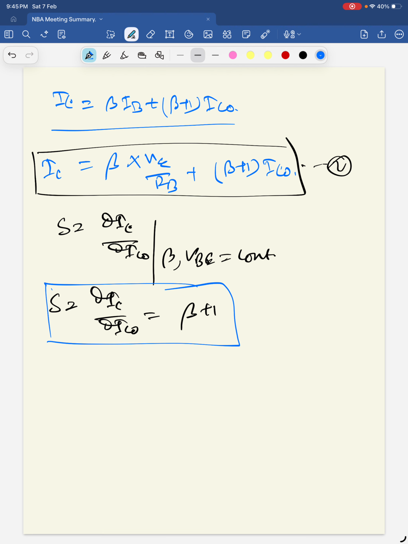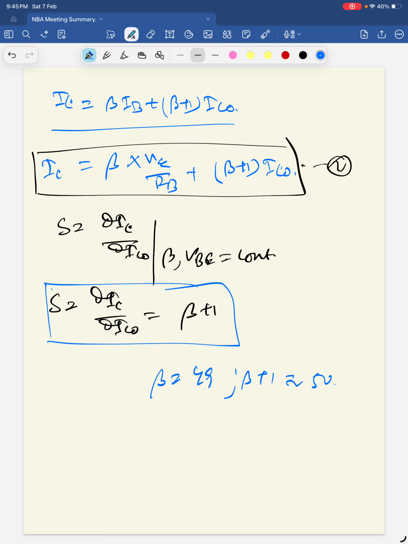If beta is, suppose, 49, then beta plus 1 is 50. That means IC increases 50 times faster with respect to ICO. So it's very high. A higher value of S represents lower stability.